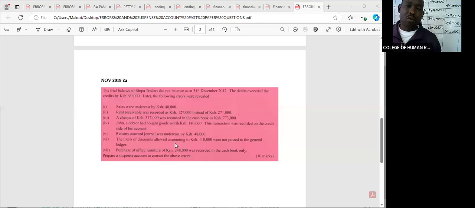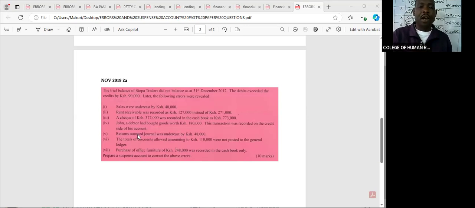So, return outwards journal was undercast. And we have said return outwards should be credited. And if it was credited with an undercast, we credited by less. And when it is an undercast, we have said, if the account is normally credited, you will credit again by the undercast. If the account is normally debited, you will debit again by the undercast.